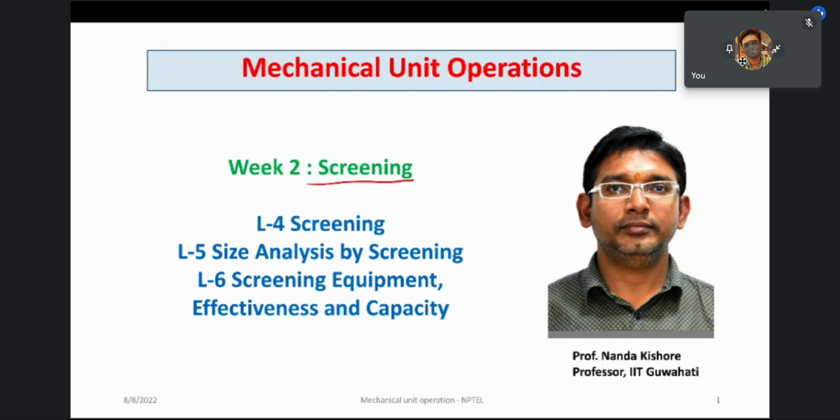The assignment is pretty easy for this week, but we will try to cover some more examples, which were also discussed by the professor. Now there are three lectures. One is about screening, another is size analysis by screening, and the third one is the different equipment, and the capacity and effectiveness of those equipment.